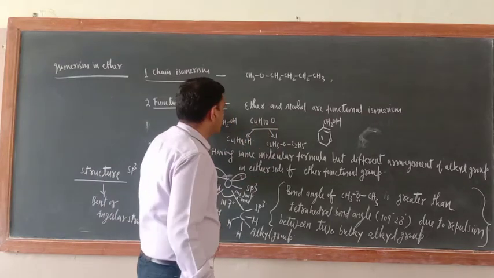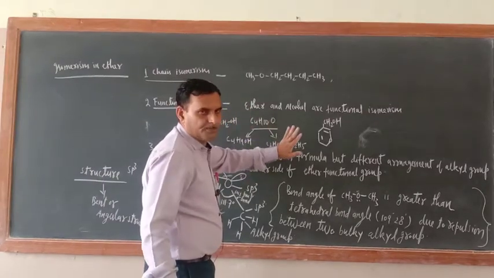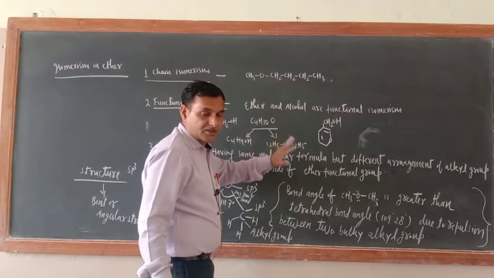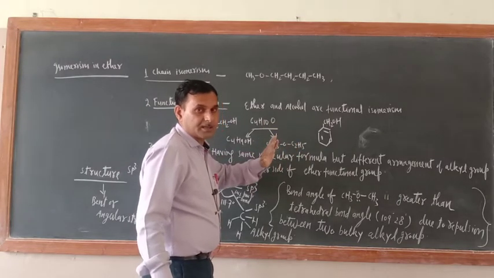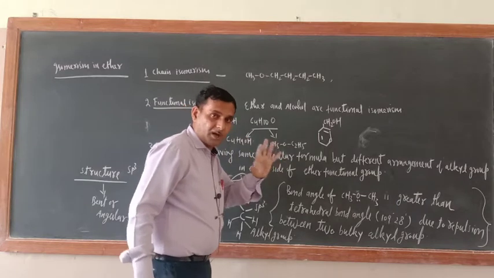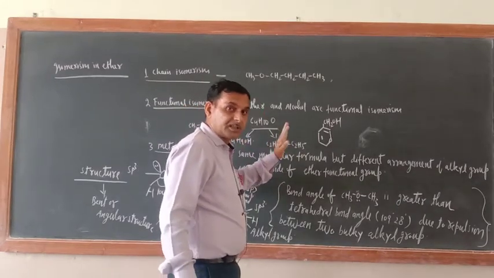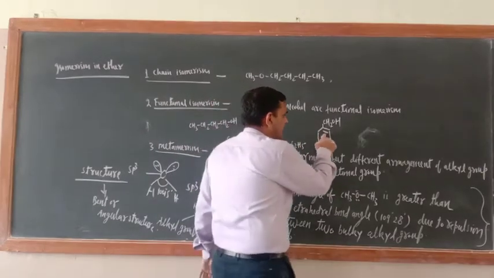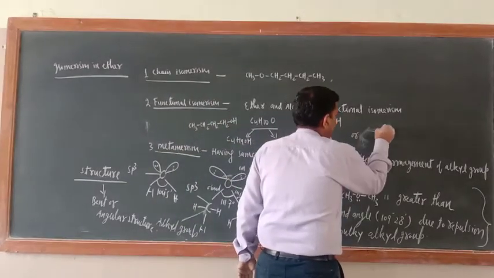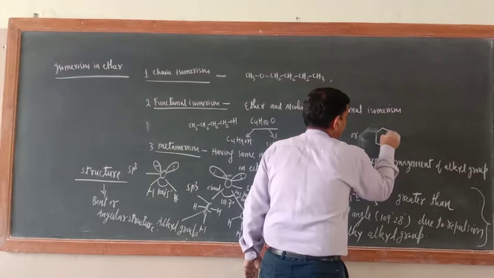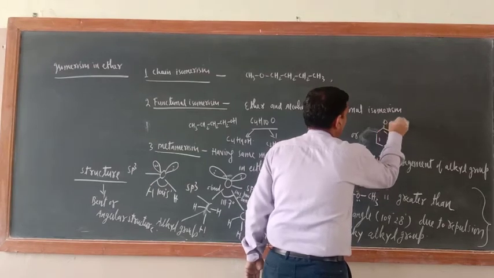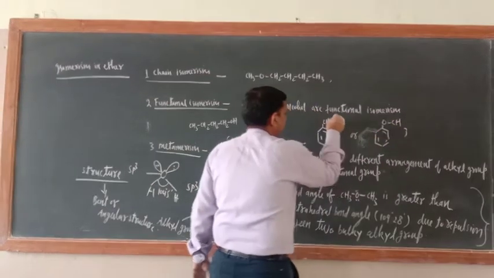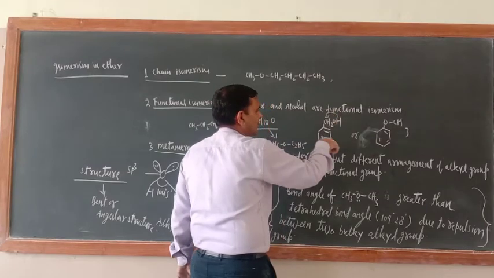Not only in aliphatic hydrocarbons, ethers and alcohols are functional isomers in aromatic compounds also. Just see, this is alcohol, and the same can be written like that also. Just see, this is OCH3. Shift this H here and you will get this one.